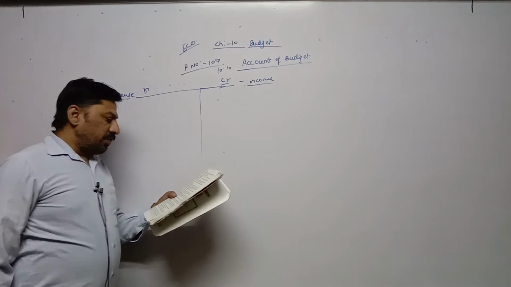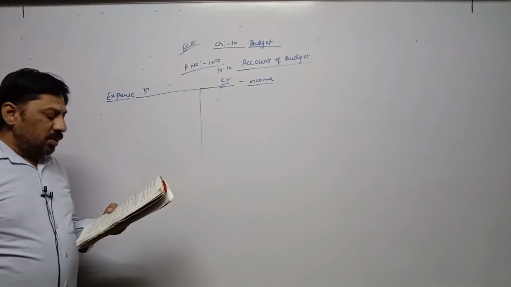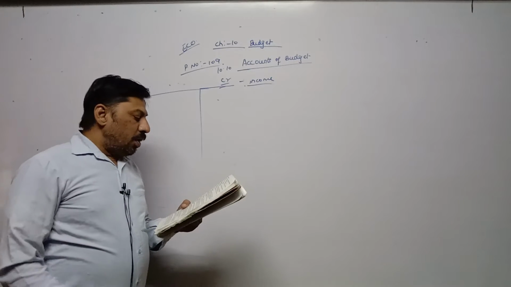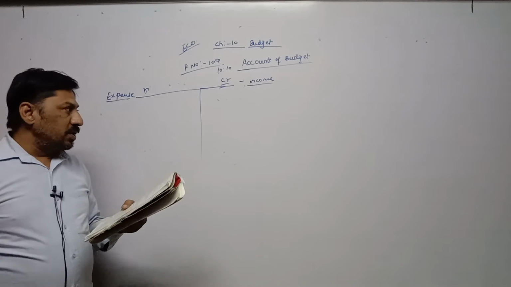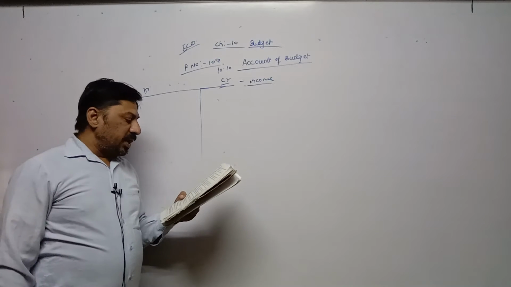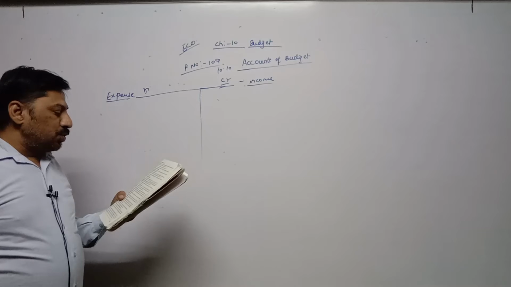From the textbook: in order to thoroughly understand the concept of a budget, it is necessary to get an idea of the accounts of budget. You have a good idea because you are already doing accounts and have done final account. By the rules of accounts, every budget has two sides.